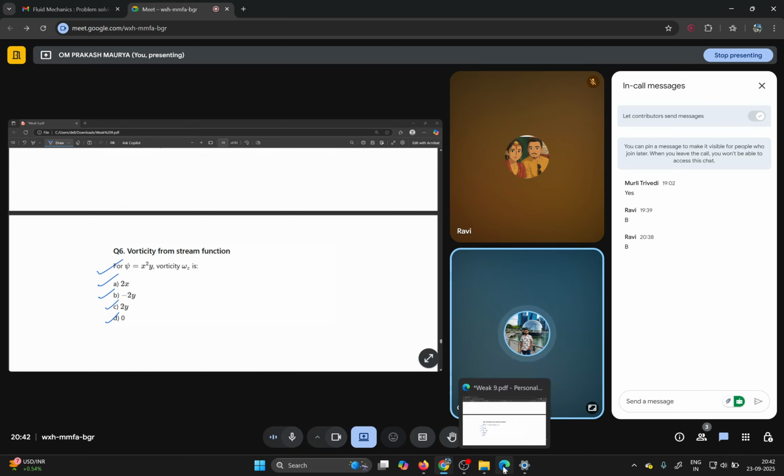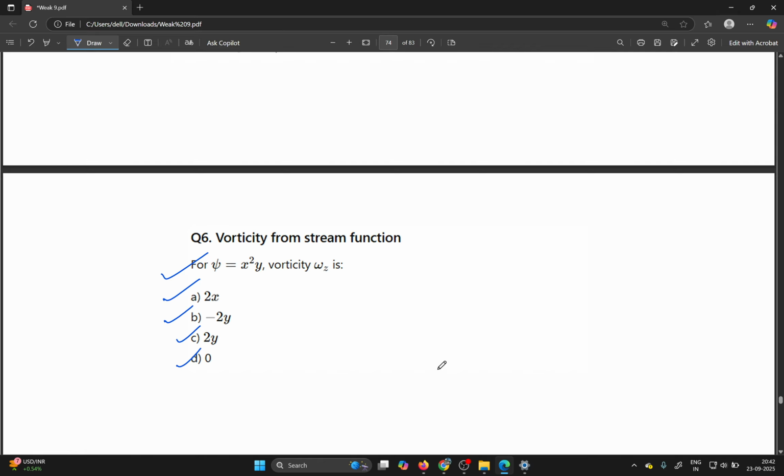So now let us discuss. You need to calculate the vorticity. So what will be the value of the vorticity? If somehow you forget the formulas, then remember one thing: vorticity is nothing but the rotationality. We are discussing only two dimensions here. So i and j, del by del x, del by del y, and here u and v.